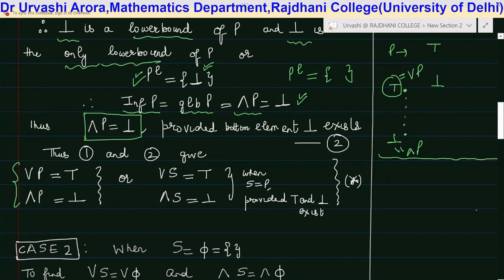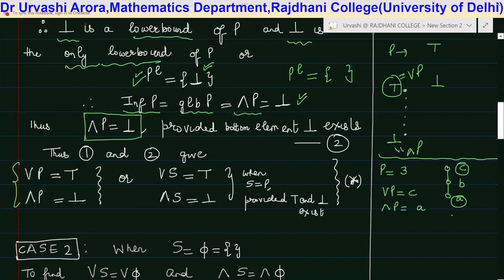So this actually gives us a way for calculating the join of P and the meet of P whenever P is given to be some particular PO set. For example, if P is given to be a chain of 3 elements, let's say this is the PO set P, which is a chain of 3 elements, and let's say the elements are marked as A, B and C, then the join of P will be the top element which is at the top, which is C. We can see from the diagram itself, and the meet of P, as we have just seen, will be given by the bottom element, which is A, because it is at the bottom.